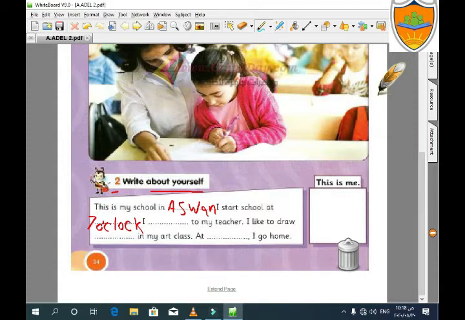I listen to my teacher. I like to draw flowers.